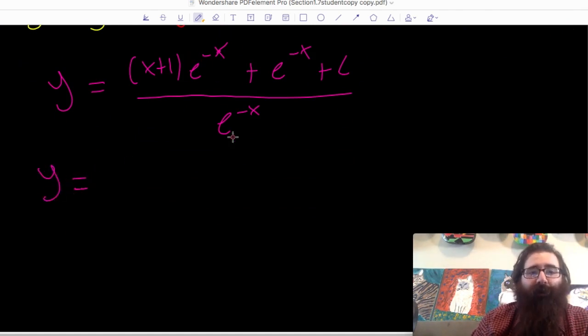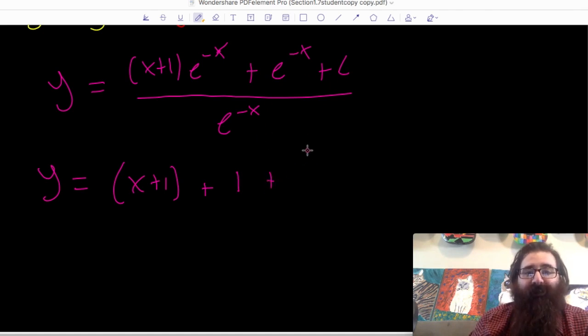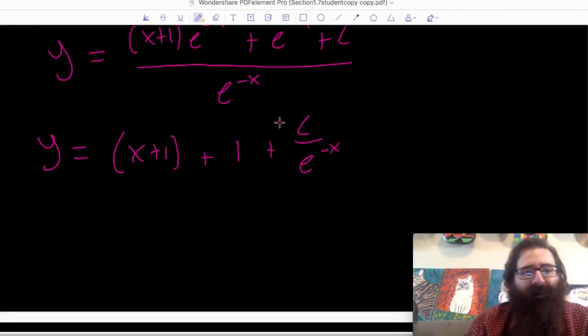This first fraction, e to the minus x over e to the minus x, will cancel, so I'm just left with x plus 1, plus the second fraction, e to the minus x over e to the minus x, will cancel, giving me 1. But don't forget about this last term here, which is c divided by e to the minus x. And I can't just call that a constant. It is a function of x now, since I'm dividing it by a function of x. But I can still clean this up.